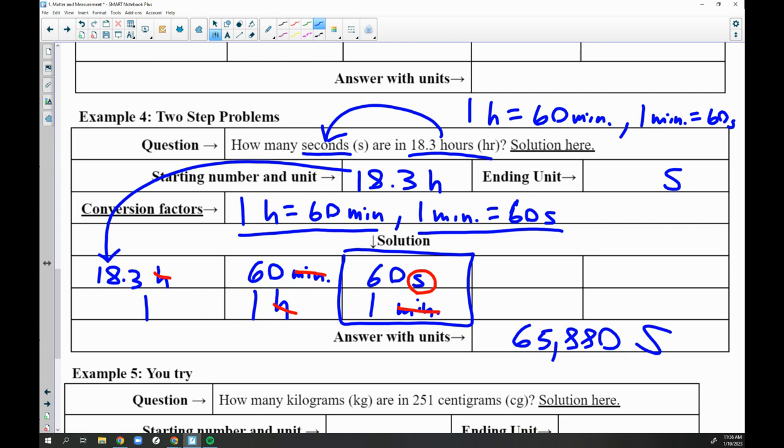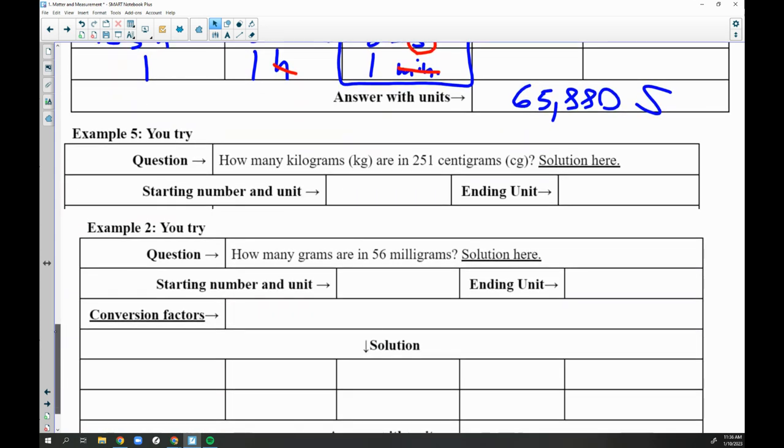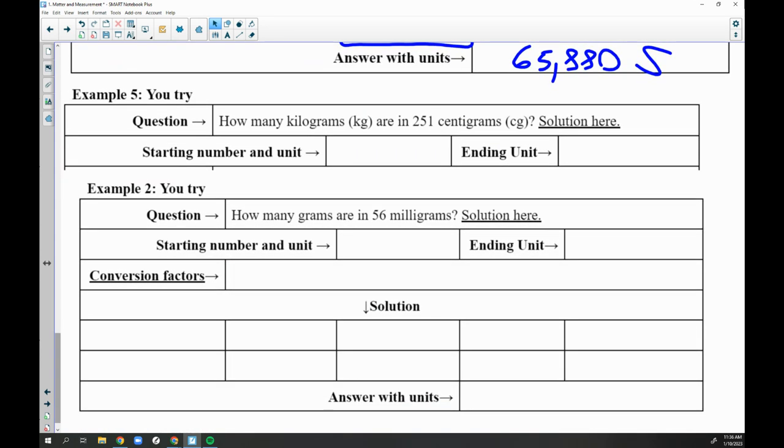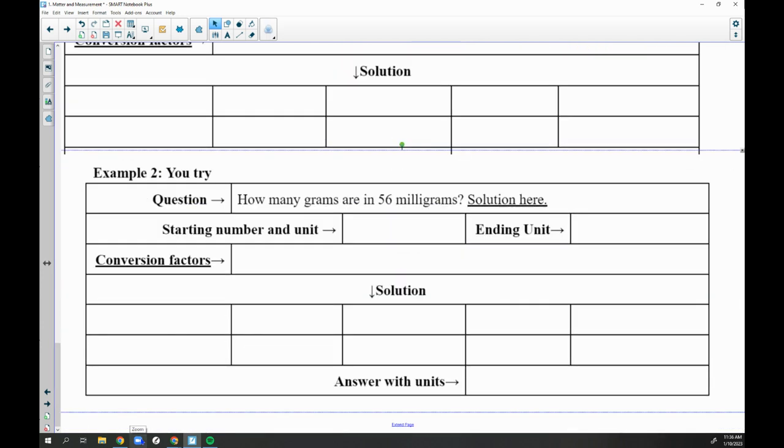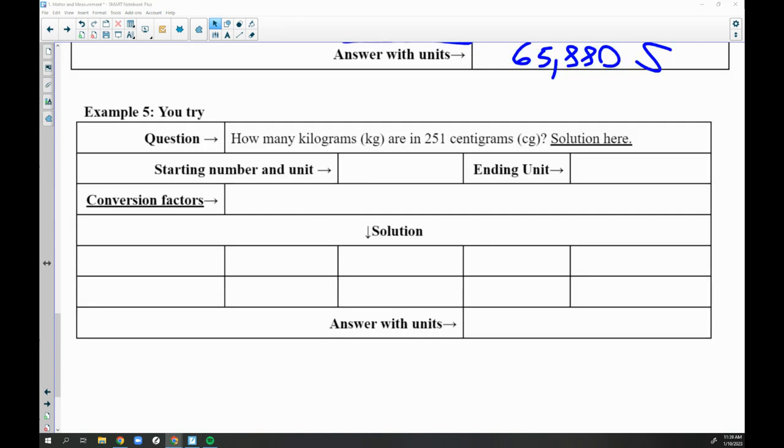So why don't you guys give the last example a try? It's the you try here. How many kilograms are in 251 centigrams?